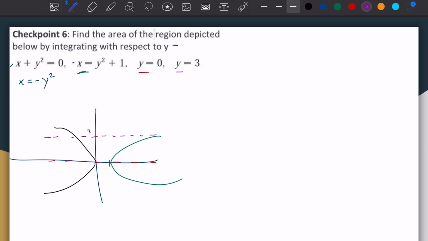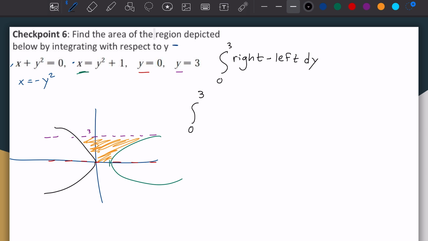So what this is doing is giving us the area right in here between all of those lines. Same thing, it's going to be 0 to 3, right minus left, dy.